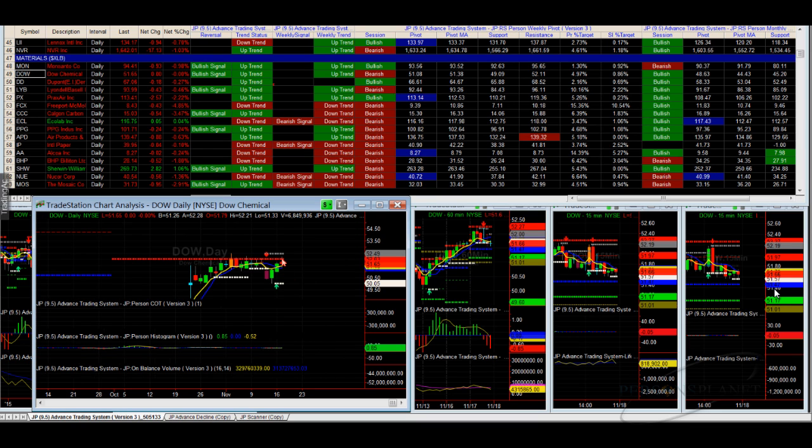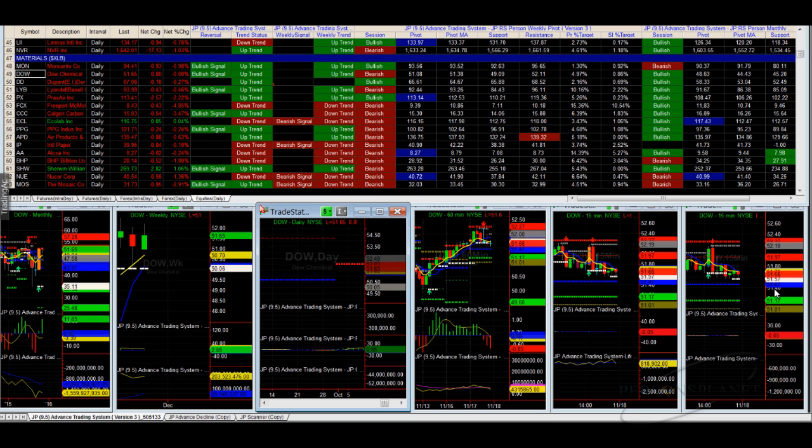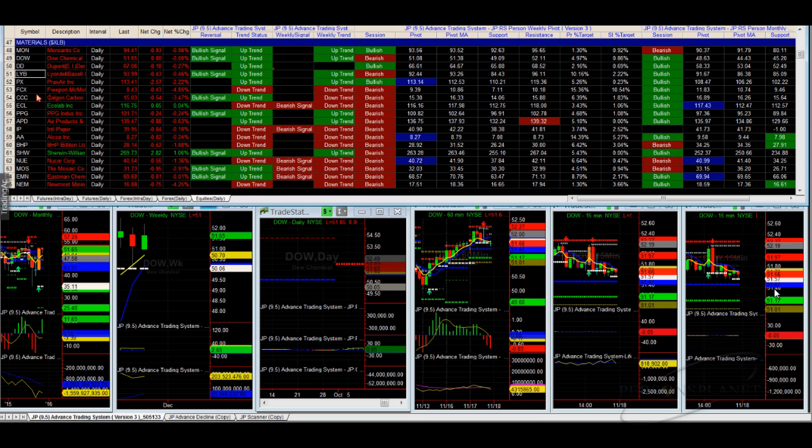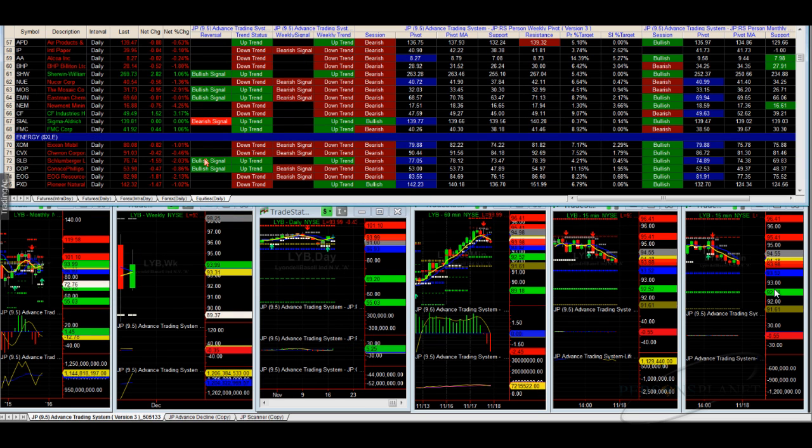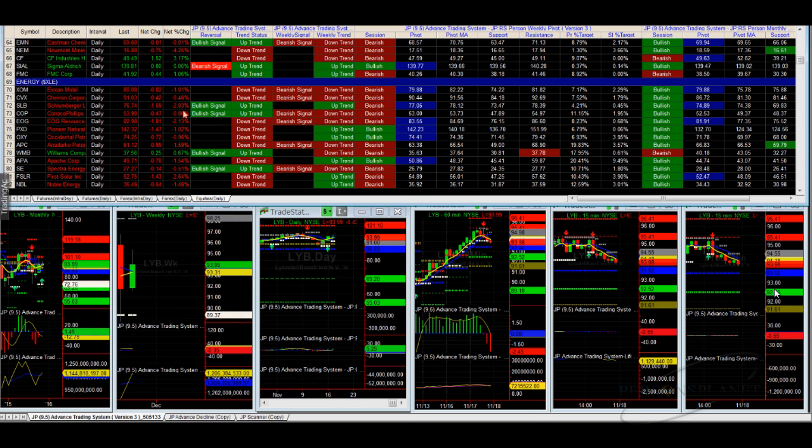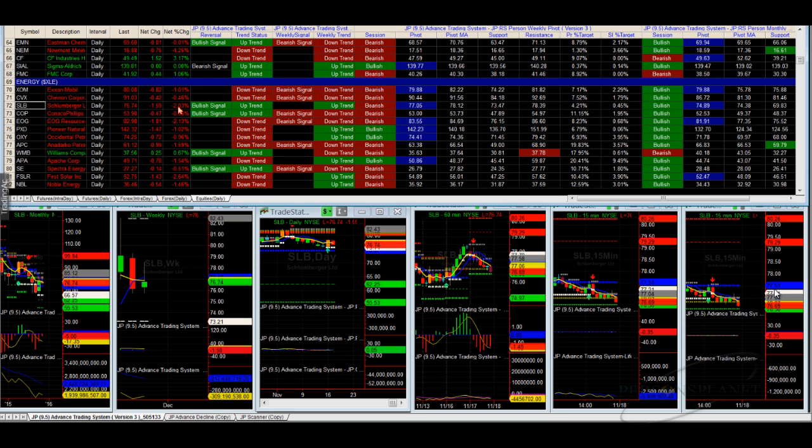So while it might be down today, it's still in a daily buy mode, but it's at resistance. But that doesn't mean it's unhealthy, and it doesn't mean that it's moving down. It's in a buy mode. So when that column tells me that all of these stocks, even the energy, in a market down 2%, are still in a daily buy.